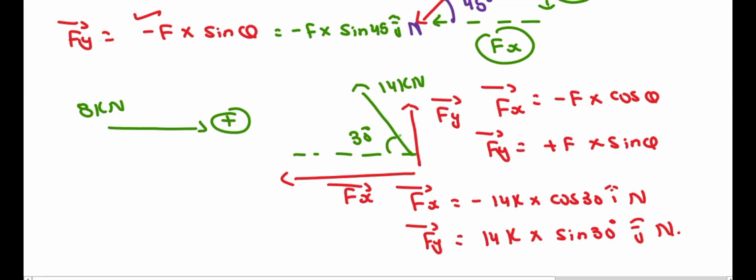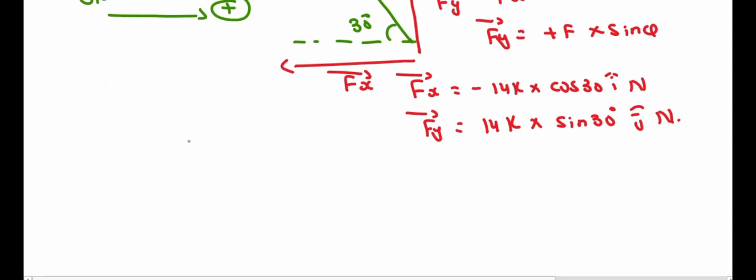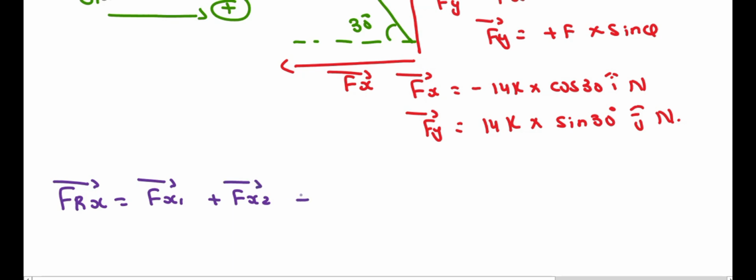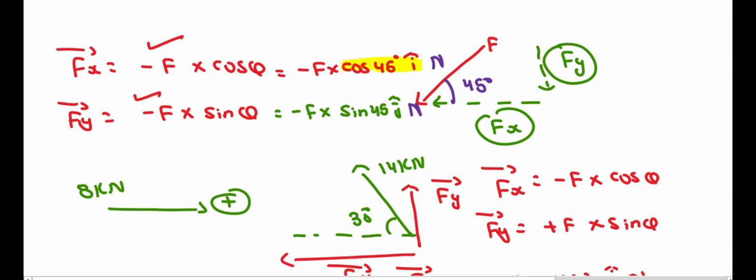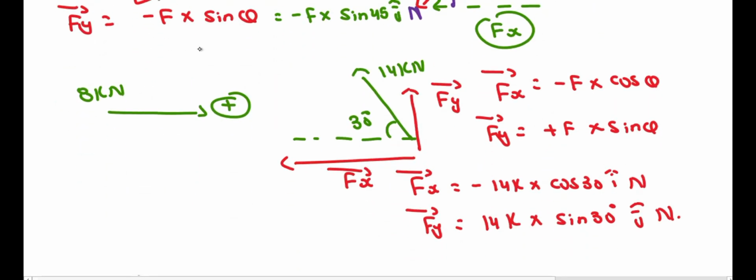Our second step is to add all the horizontal components together. So FRx is equal to Fx1 plus Fx2 plus Fx3. This is our Fx1, that is negative F cos 45 degrees.